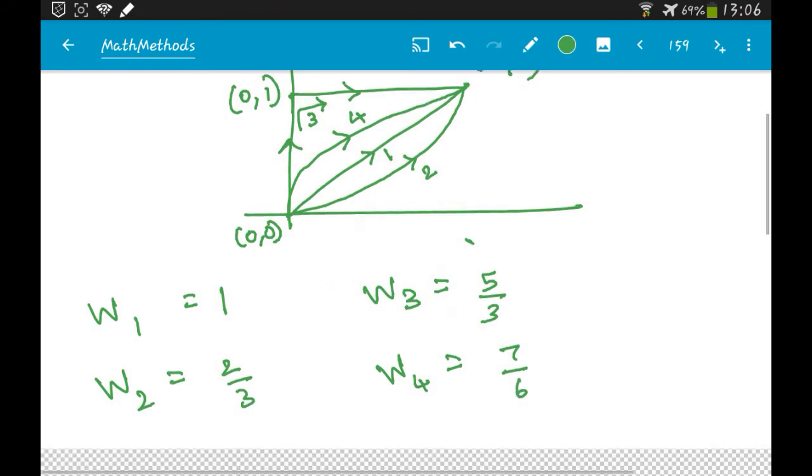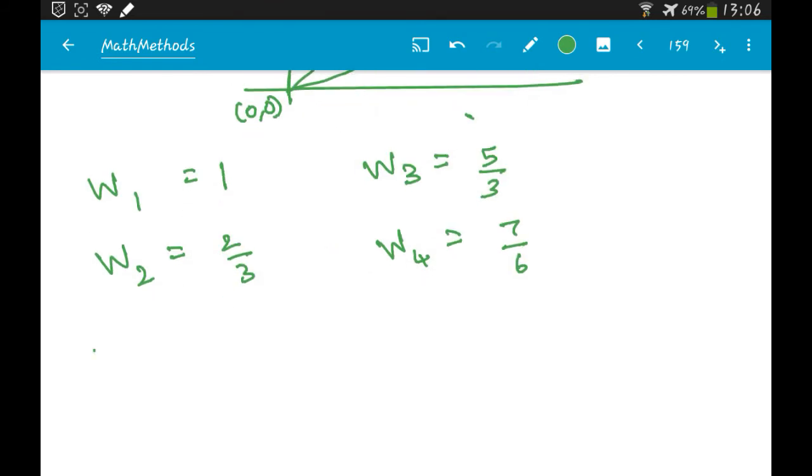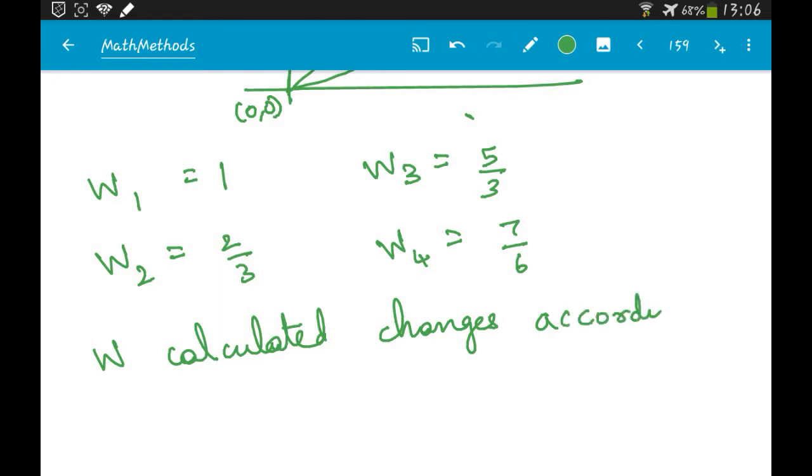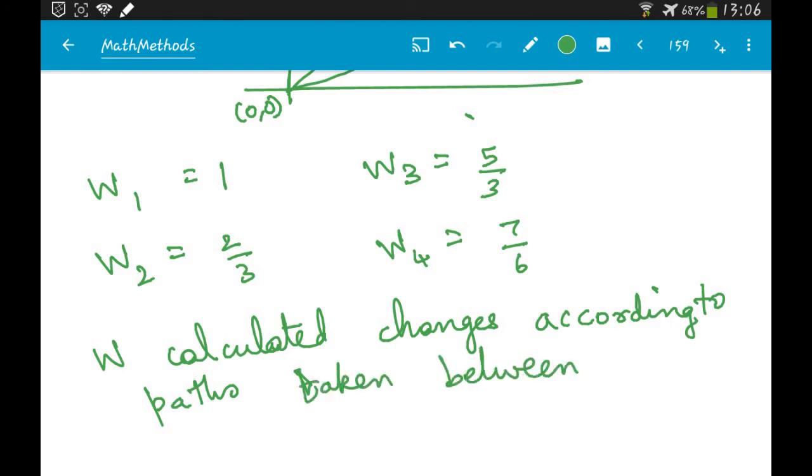So what does this tell us? This tells us that the work calculated changes according to the paths taken between the 2 points, right?